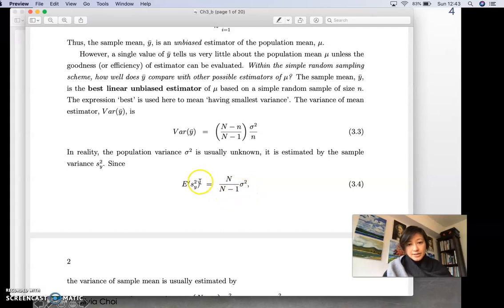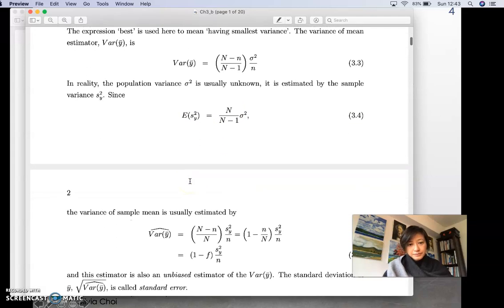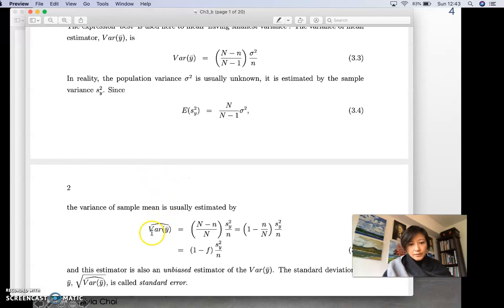So we can replace that: we put n minus 1 divided by n multiplied by sy squared, substituting into sigma squared here.